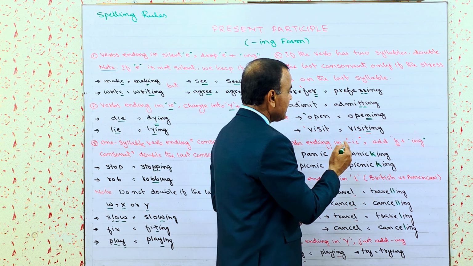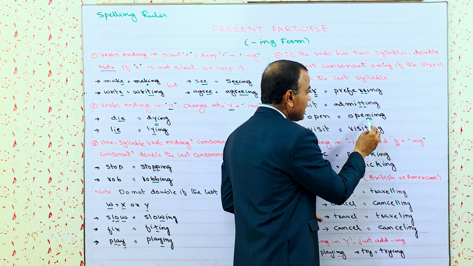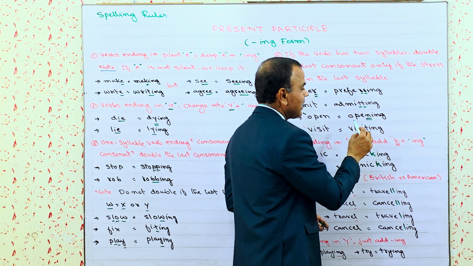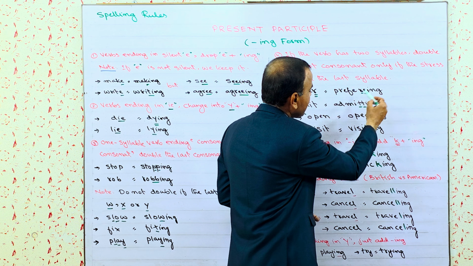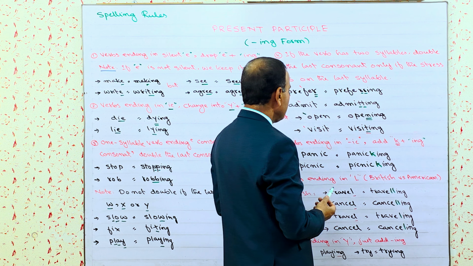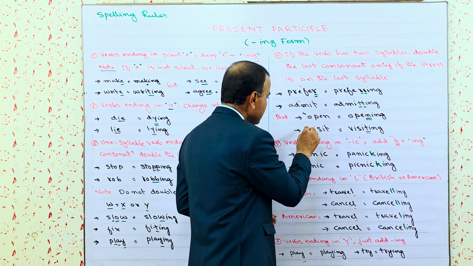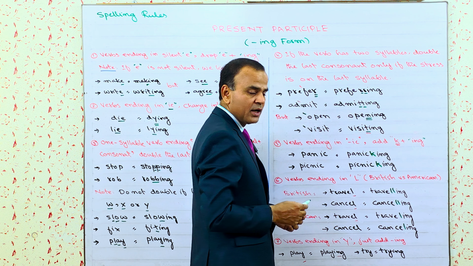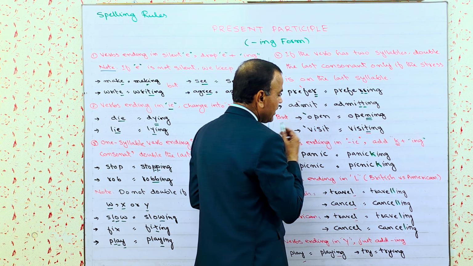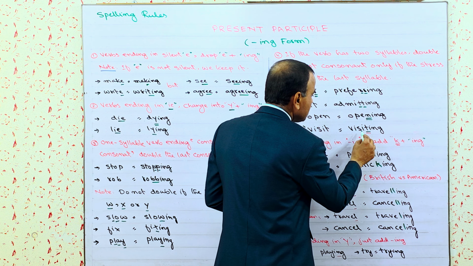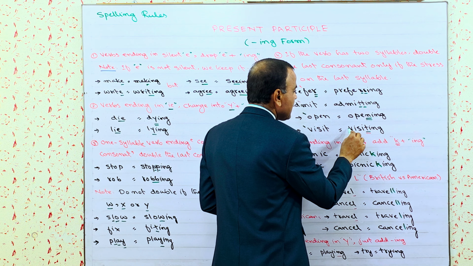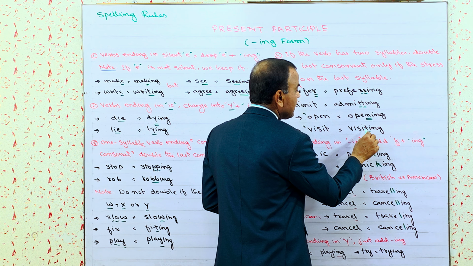So the spelling will be O-P-E-N-I-N-G, not N-N, like T-T and R-R here. Then the next verb is visit. The stress is on the first syllable, visit. And when I add ing, the spelling will be visiting.